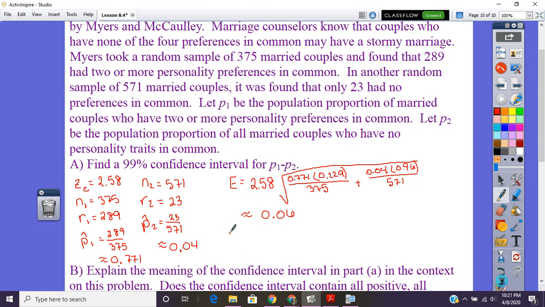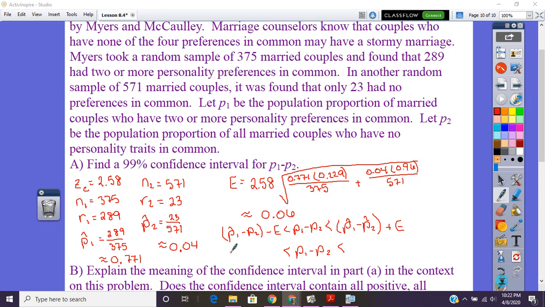And then we would actually need to figure out what our confidence interval would be. So we do PCAP1 minus PCAP2 minus our E, and PCAP1 minus PCAP2 plus our E. We'd actually do those calculations and figure out what this proportion would equal.